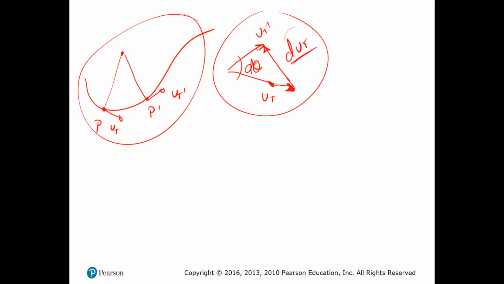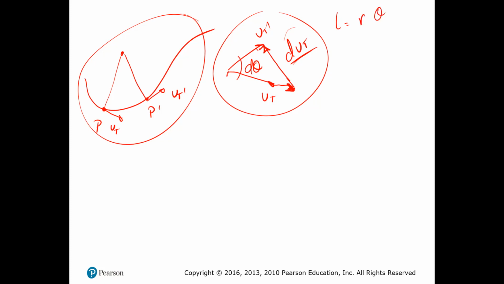And don't forget that these ut and ut prime are just small differentials of the curve, so we're just approximating this to something that is straight. All right, so the way for us to actually know this, like I told you at the beginning, in order to know the length, you will have to multiply the distance times the angle.